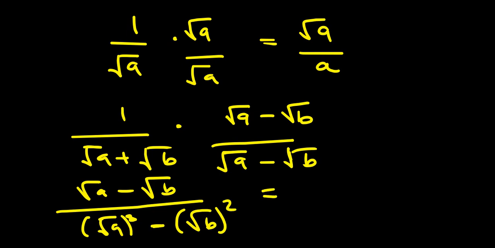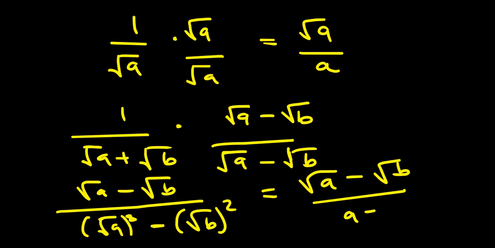The squares cancel out the roots, so you have root of a minus root of b divided by a minus b.